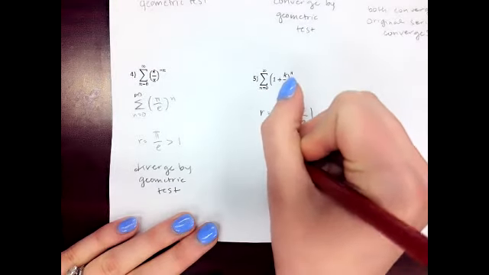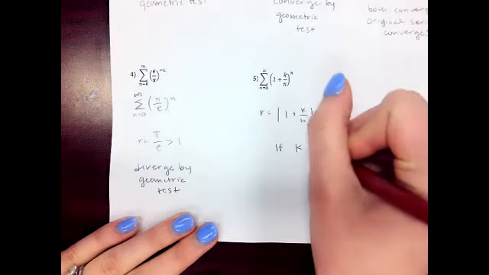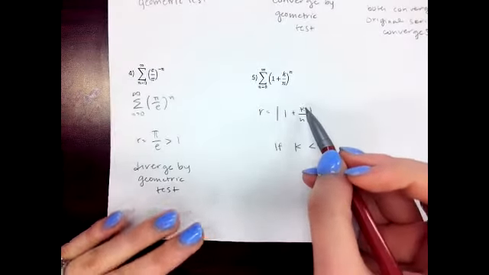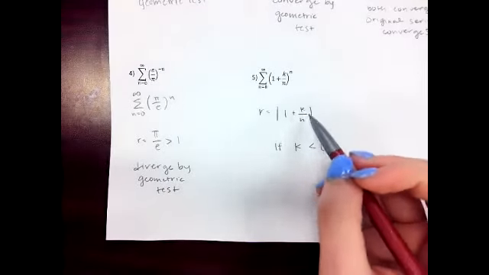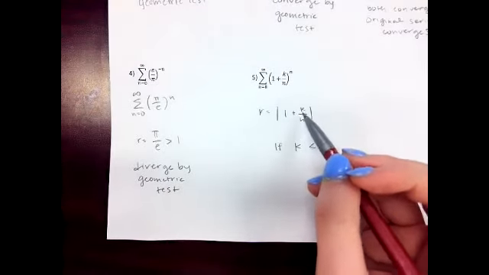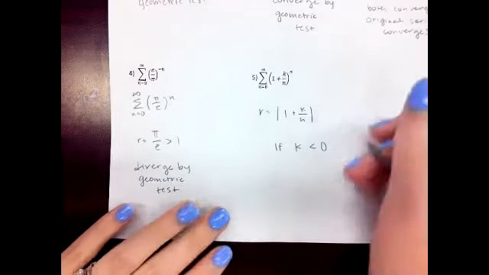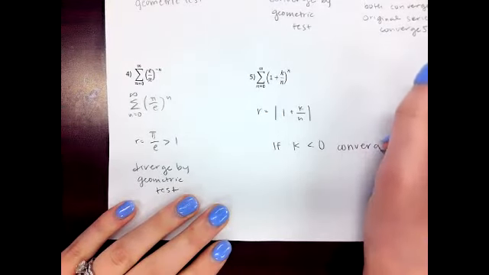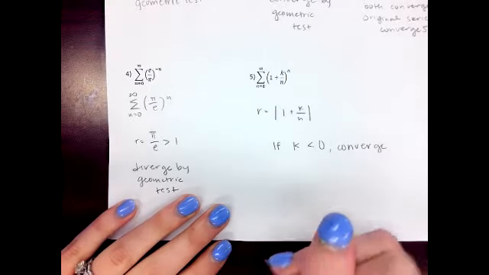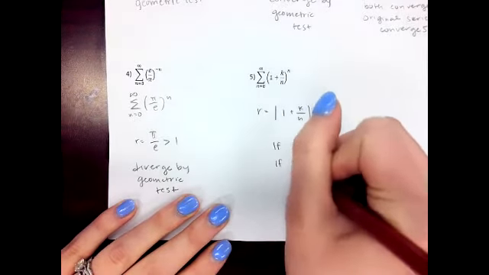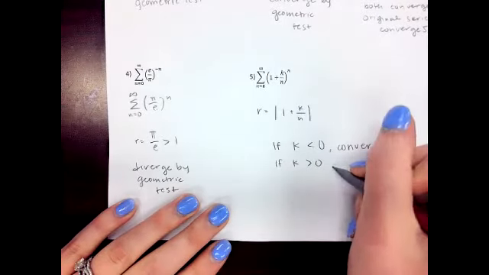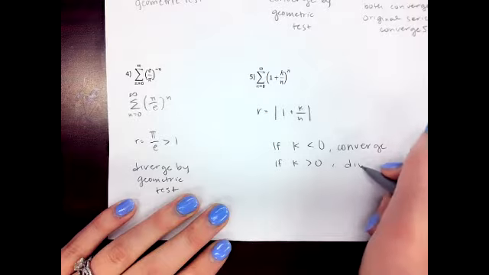If k is less than 0, this will be negative values. And 1 plus a negative value will be less than 1. So it'll converge. If k is greater than 0, this will be another positive value, and we'll have 1 plus a positive value, which is bigger than 1. So it will diverge.